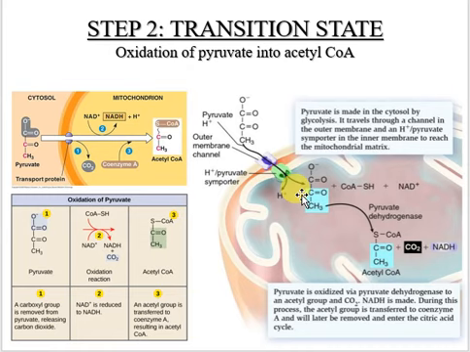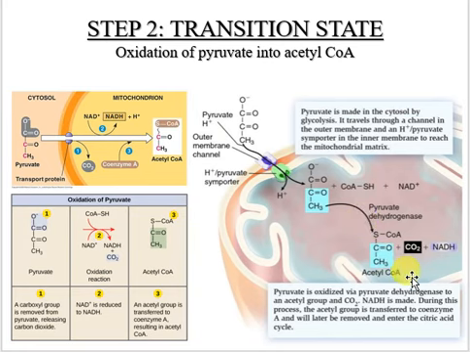So the reaction converts 2 molecules of pyruvate into 2 molecules of acetyl coenzyme A. Acetyl coenzyme A is the major product, and again, you're going to have 2 of those. What's going into the system is your 2 molecules of pyruvate.